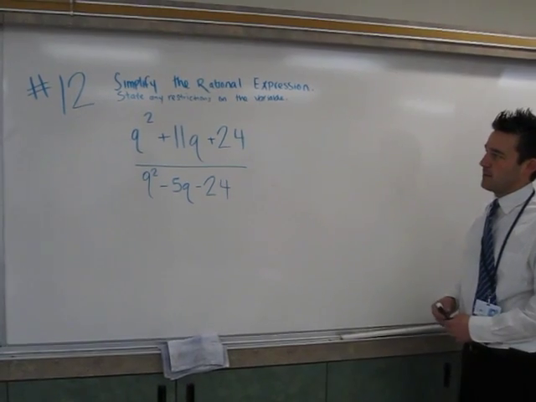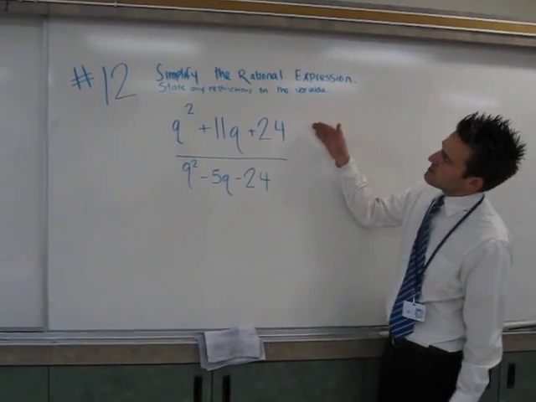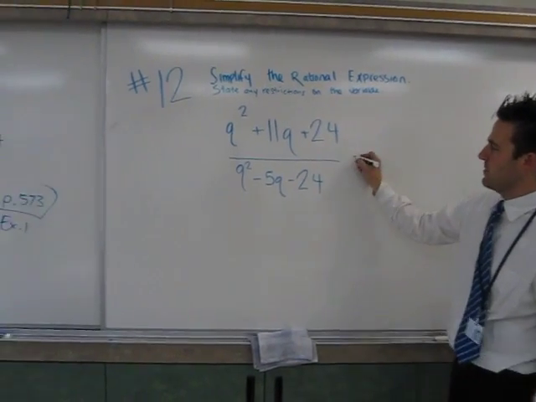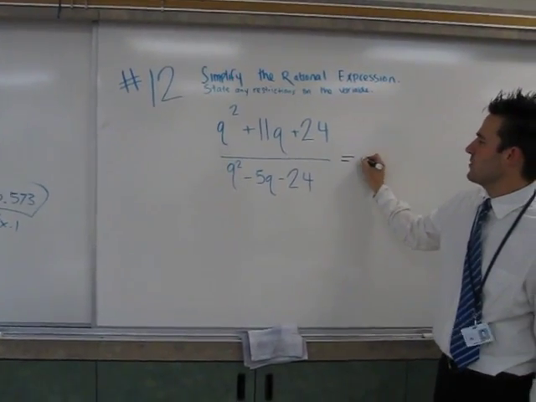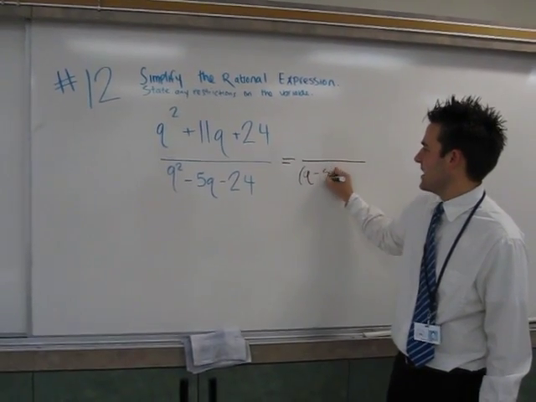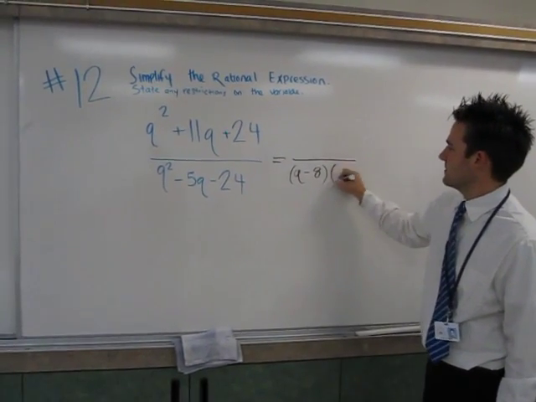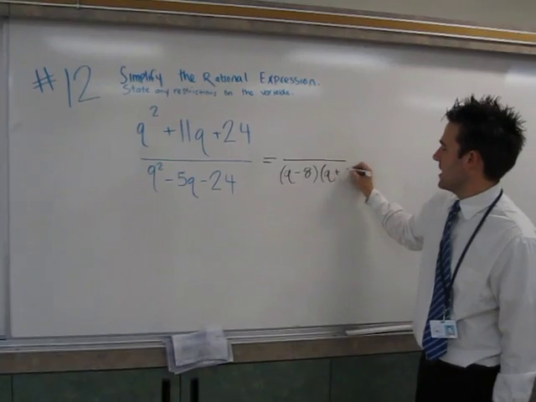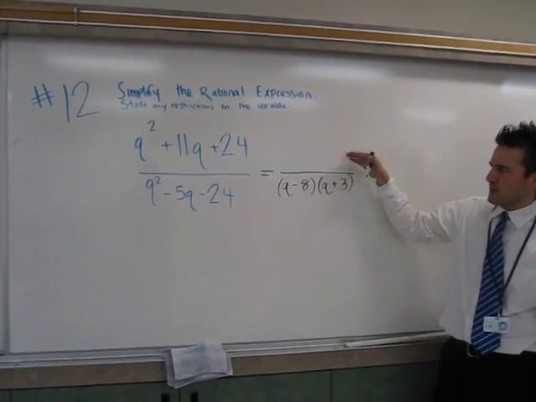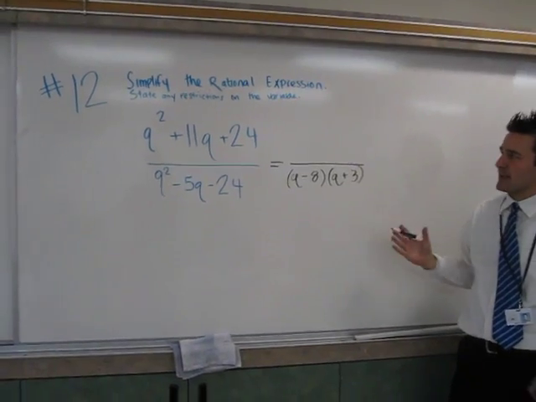restrictions on the variable. So to do this, we're going to factor the numerator and factor the denominator. For example, the denominator factors to q minus 8 times q plus 3. I'll let you factor the numerator and see if any of these terms will cancel out.